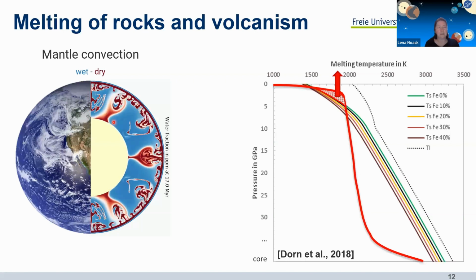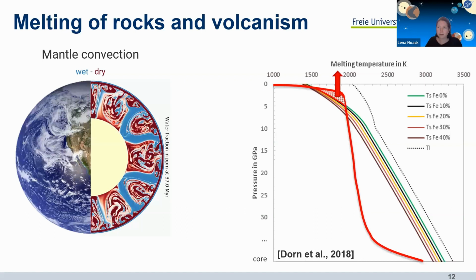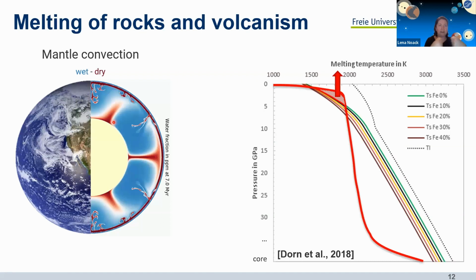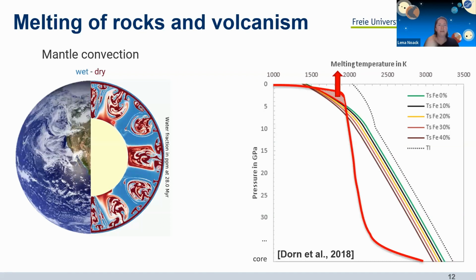The mantle is acting in a very similar way, but it's not liquid. So it's rocks, really rocks like we have them at the surface, but due to pressure and heat, they're deforming and therefore moving and leading to convection.